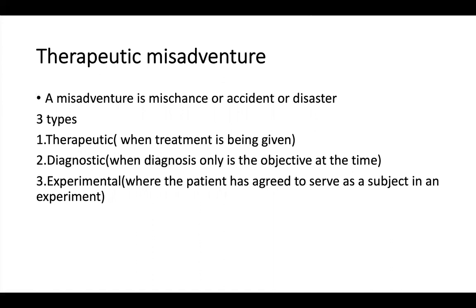In three ways it can happen: when the treatment is given, whether or not properly, since even if properly given, an accident can occur. In the diagnostic way, when diagnosis alone is the objective and diagnosis is not properly done, it is a therapeutic misadventure. Experimental, when the patient has agreed to serve as a subject in an experiment. So in three ways therapeutic misadventure can occur.